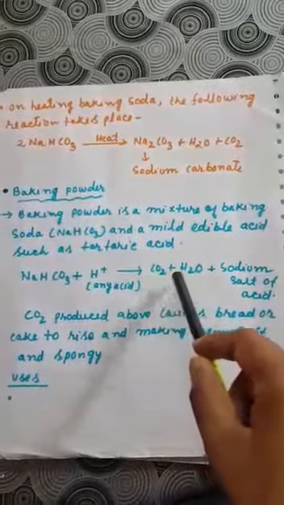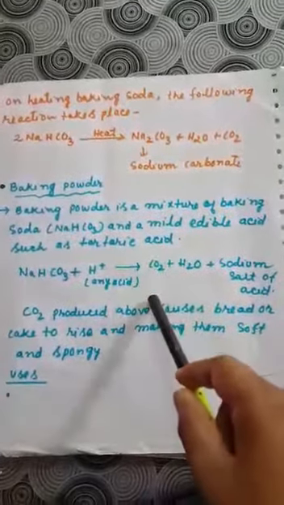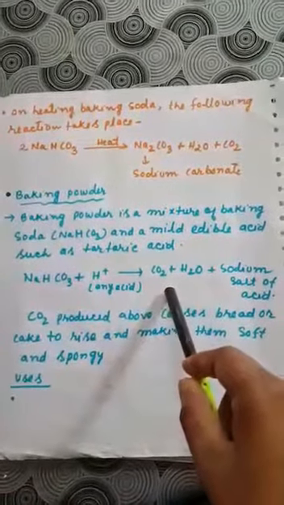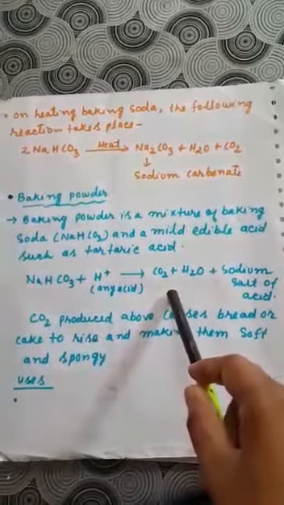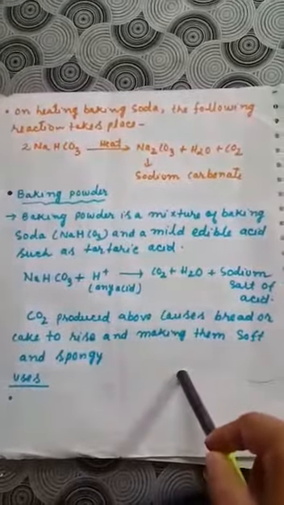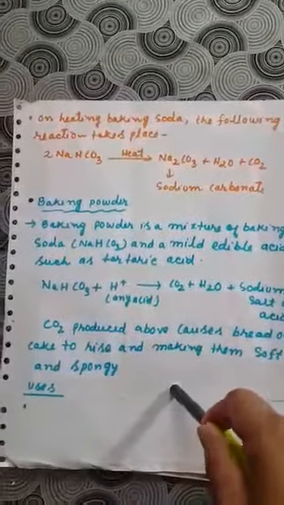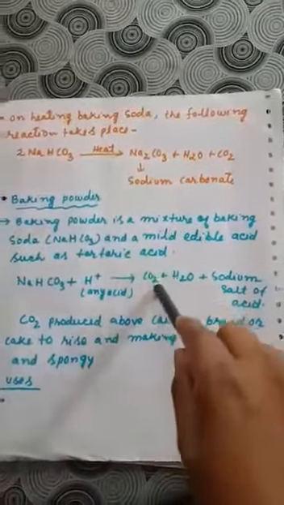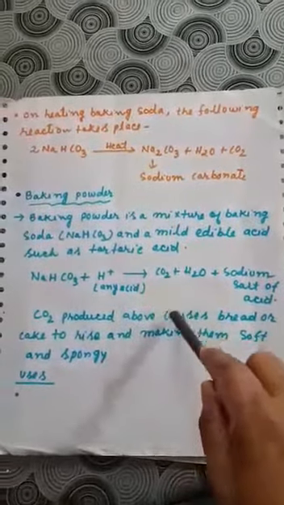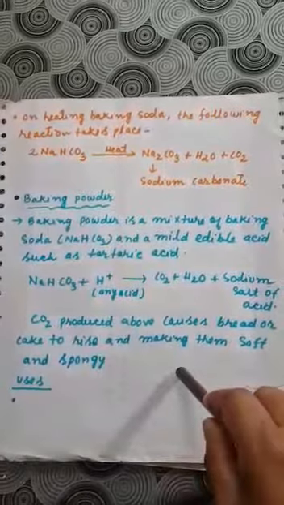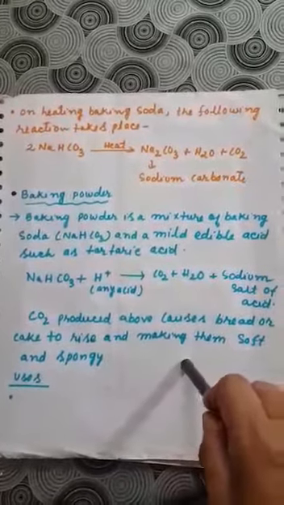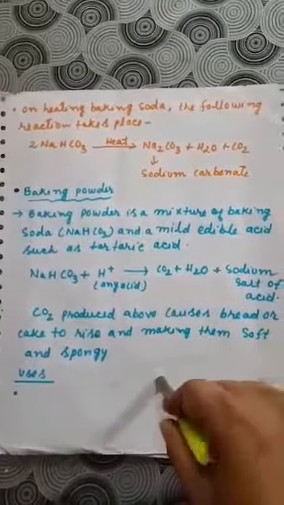Then carbon dioxide and water will be formed. This carbon dioxide produced is responsible for the cake to rise and making it soft and spongy, because we use baking powder for making cakes and all. Is it clear? Uses, please read from the book.